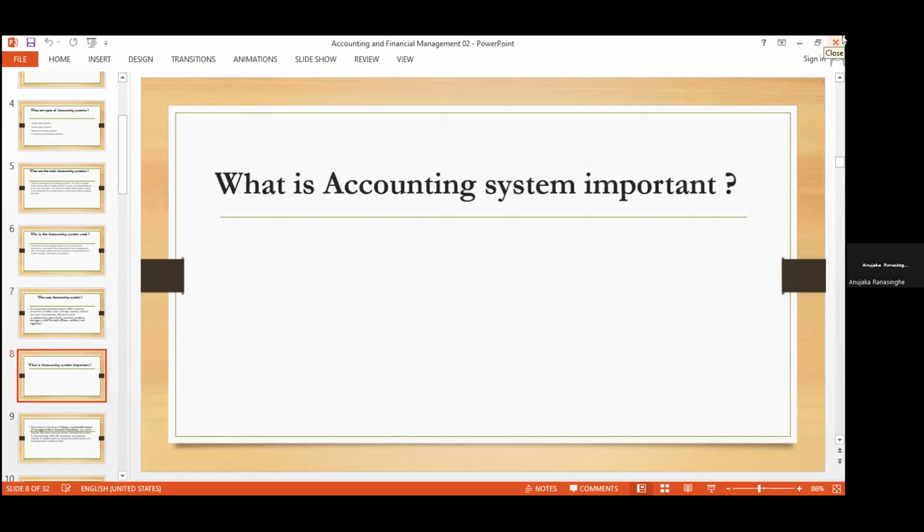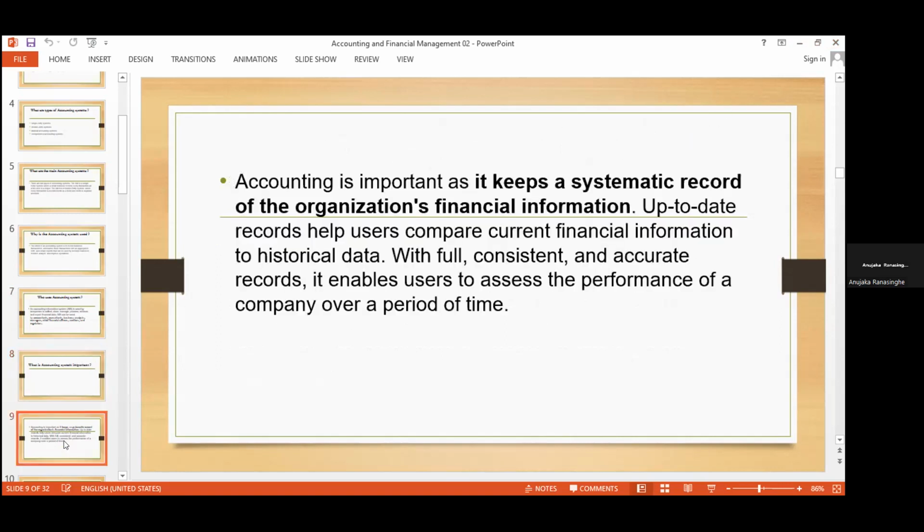Why is the accounting system important? As I said earlier, we want to record our financial transactions. Accounting is important as it keeps a systematic record of the organization's financial information.